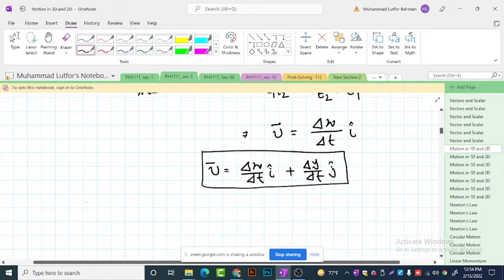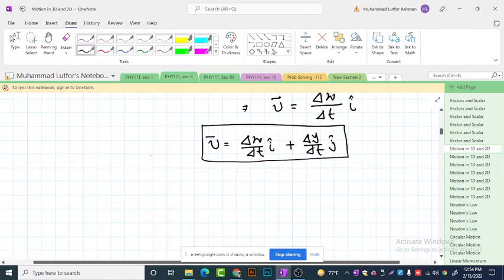Since this is average velocity, for this case it could be greater than 0, it could be equal to 0, and it could also be less than 0. It would be greater than 0 if I move in the direction of my positive location.